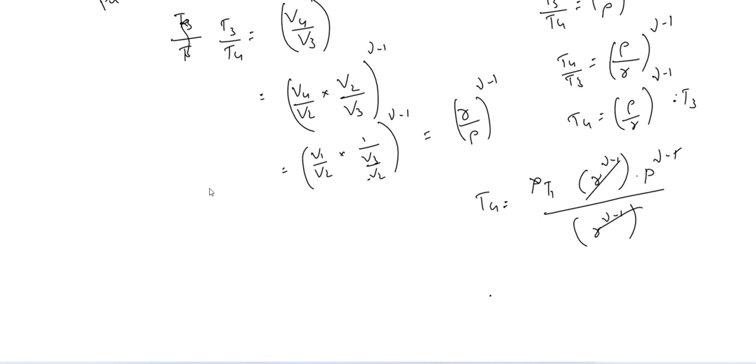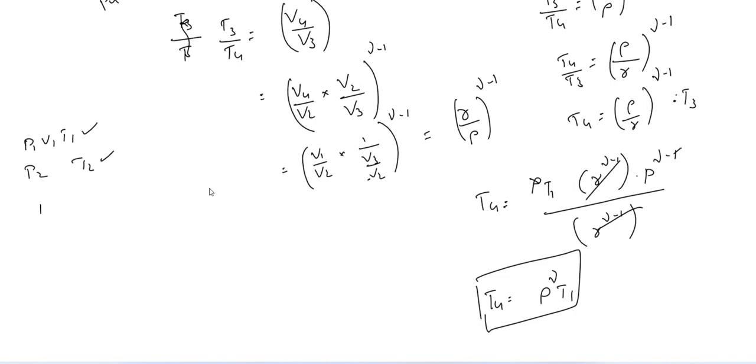Therefore, T4 equals rho power gamma T1. Cool. Yeah, it's really cool part. 3 to 4 we have discussed. From this, now you have found P1, V1, P1. Cool. P2, T2. Cool. P3, T3. Cool. P4, T4. Cool.